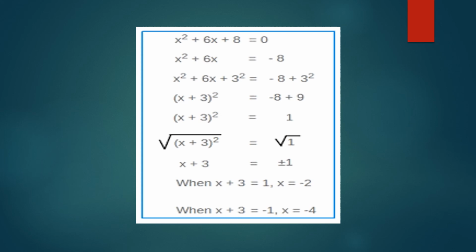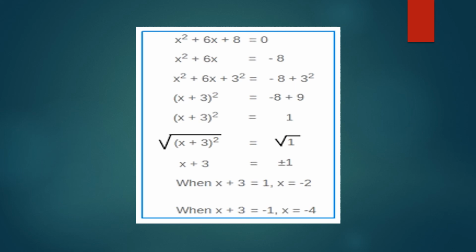Then the equation will become x square plus 6x plus 3 square equal to minus 8 plus 3 square. X square plus 6x plus 3 square is in the form a square plus 2ab plus b square. It can be written as (a plus b) whole square, that is (x plus 3) raised to 2.